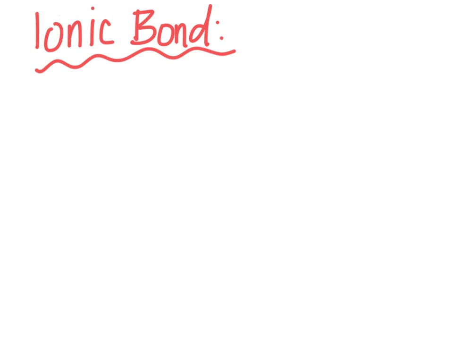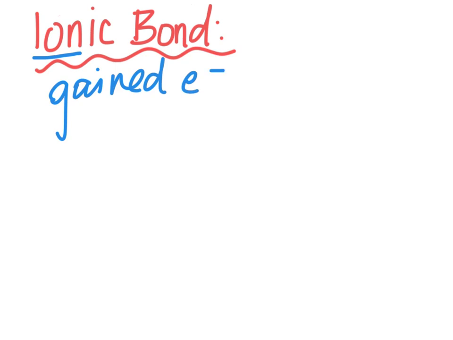Before we get to discussing covalent bond, let's revisit what an ion is and how they're used to create an ionic bond. An ion is when an atom has either gained or lost electrons. And when those electrons are gained or lost, we end up with a charge to that particle.